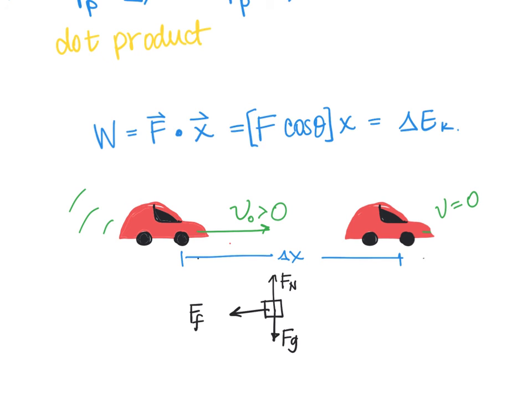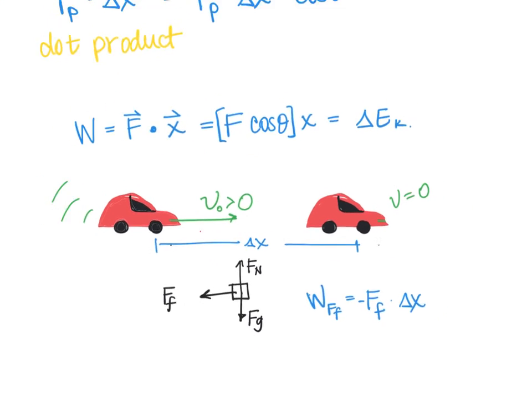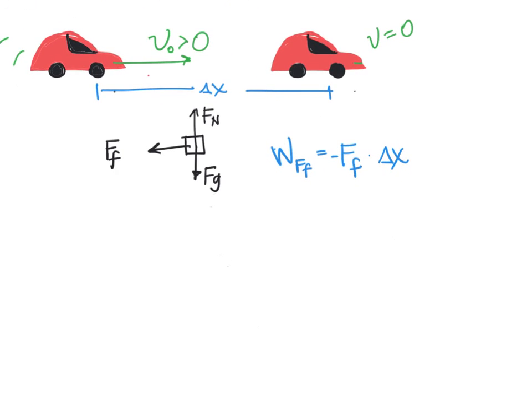So we have to be careful and think about our vectors. The work done by this force of friction would be the force of friction, which is negative, times the change in position. You think about what that means in terms of the energy. This would be a negative value, and it is going to be equal to our change in kinetic energy.